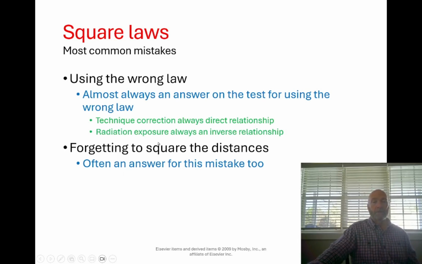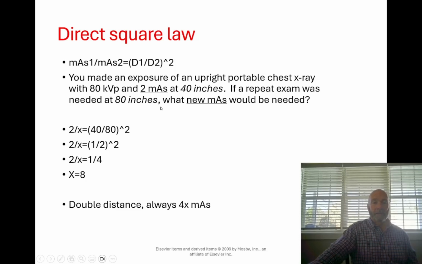So let's say I give you a test question and it asks you something like this. You made an exposure, upright portable chest x-ray with 80 kVp, 2 mass, 40 inches. If a repeat exam was needed at 80 inches, what new mass would be needed? I might give you an answer on the test that says, let's see, you had 2 mass, so I might give you an answer that says half mass, 1/2 of a mass.